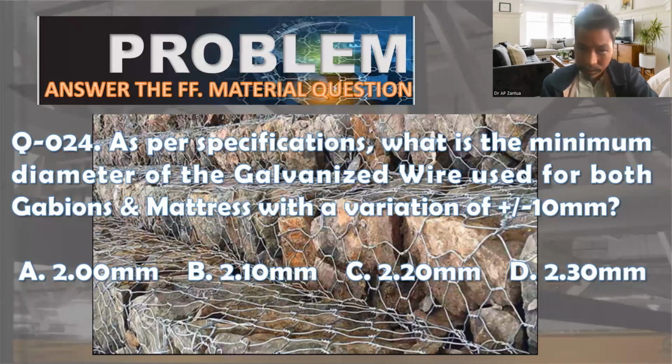Galvanized wire being used to support this stone structure. So letter A, 2 mm, letter B, 2.1 mm, letter C, 2.2 mm, and letter D, 2.3 mm. We are being asked, what is the minimum diameter of this steel?